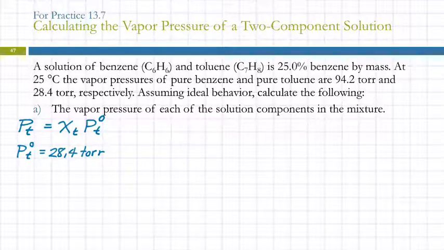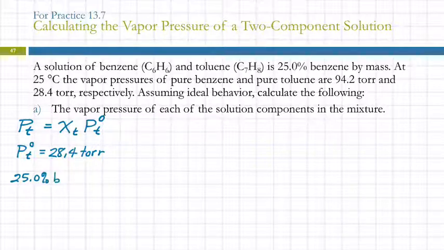To do mole fraction, we need moles of toluene and moles of benzene, right? But they didn't give us masses or anything, they just gave us this percentage: 25.0% benzene by mass. Let's be careful.